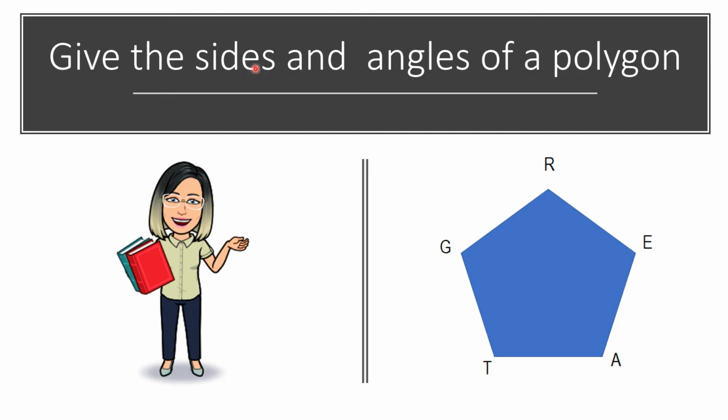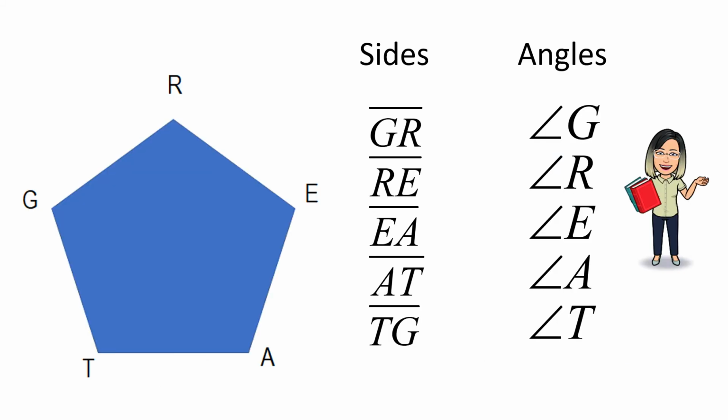We need to give the sides and the angles of a polygon. This is polygon GREAT. So we have the given polygon, polygon GREAT. What are the sides of the polygon?